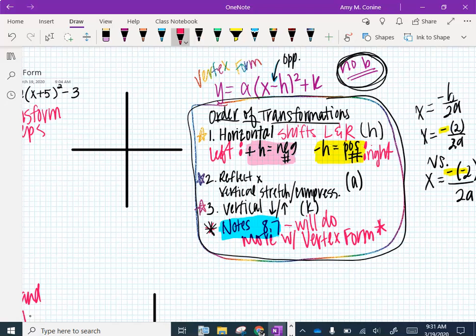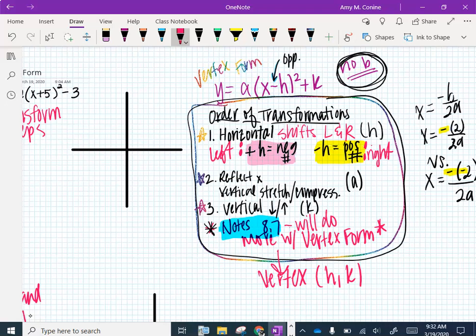So the biggest thing with vertex form, and you're going to see this when we get to that section, is the vertex, because it's called vertex form, the vertex is in your formula, whatever H is and whatever K is. All right, and we're going to, again, talk about this in this example. More important is just you have more detail of what we're looking at.